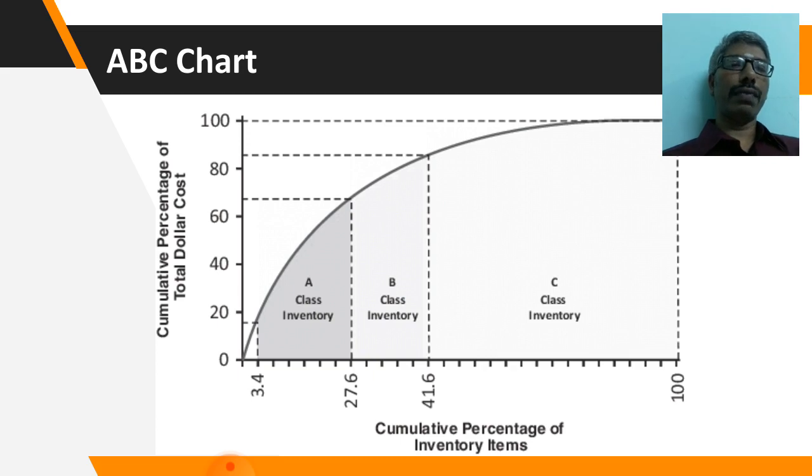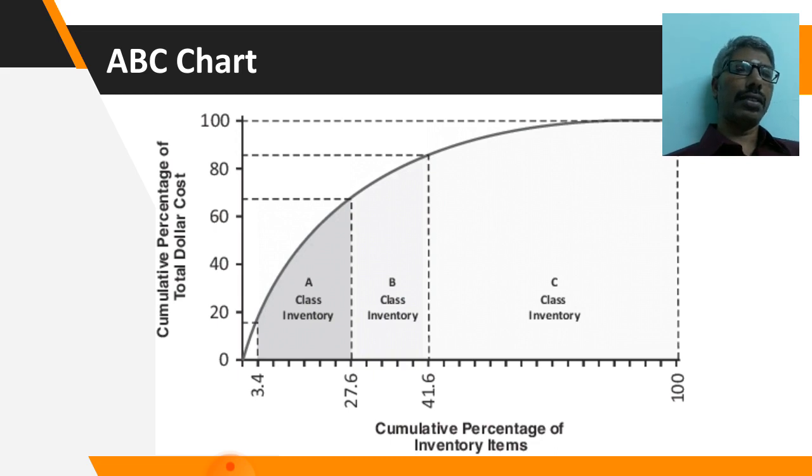That 24% of the quantity accounts for around 40% of the total cost. Group B is around 14% of the total quantity, having only 20% of the cost.